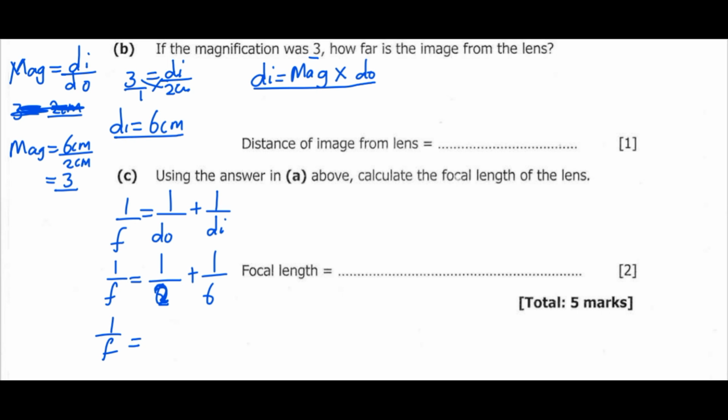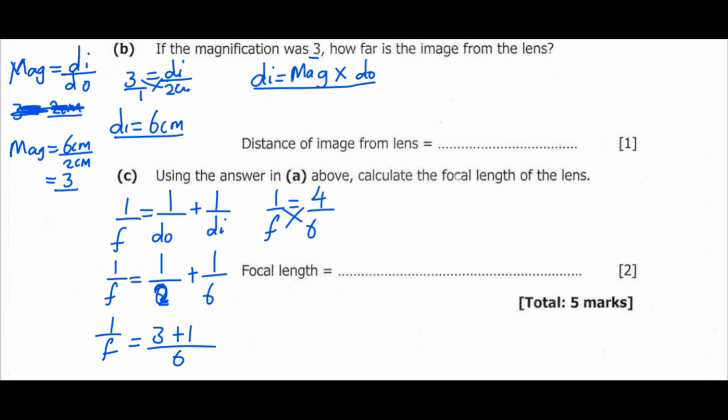Lowest common denominator is 6. 2 into 6 is 3 times 1, 3, plus 6 into 6 times 1 is 1. So 1 over f is equal to 3 plus 1, which is 4 over 6.